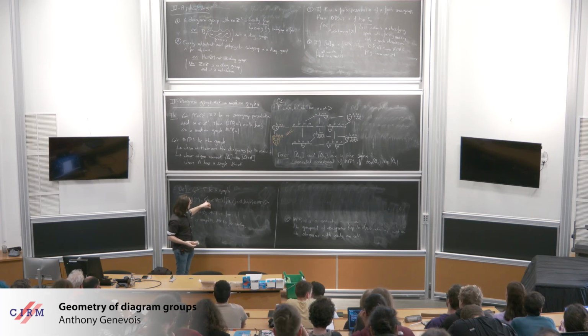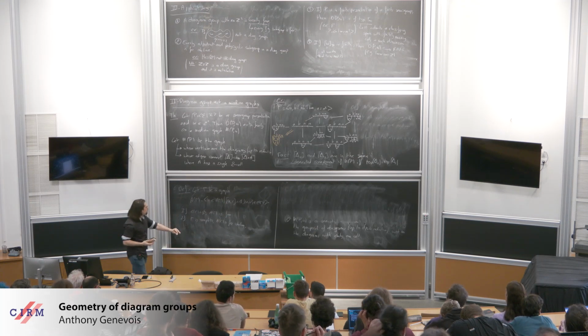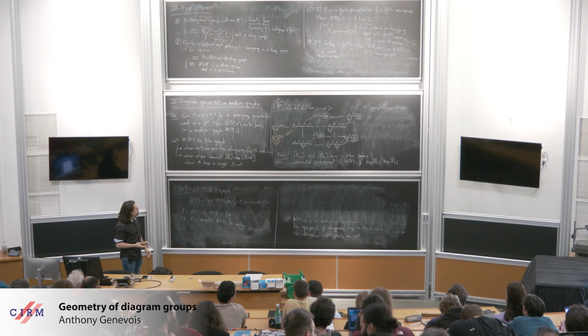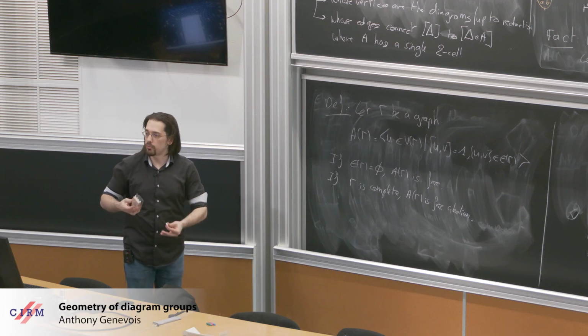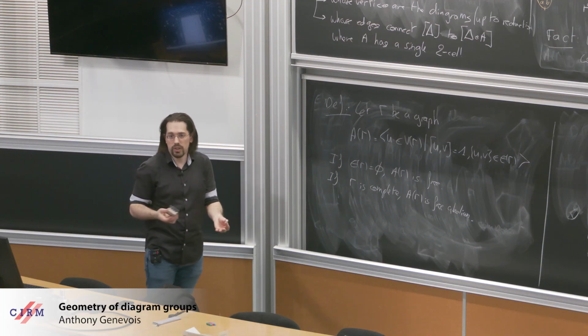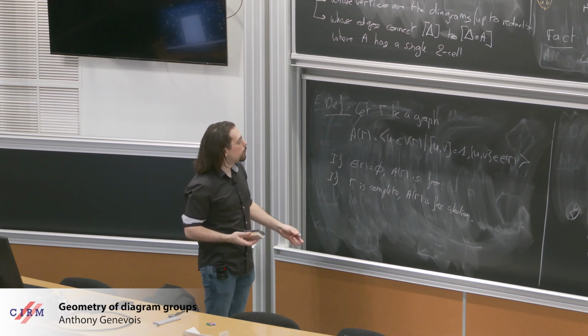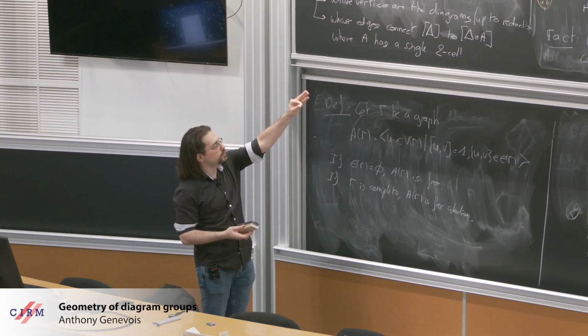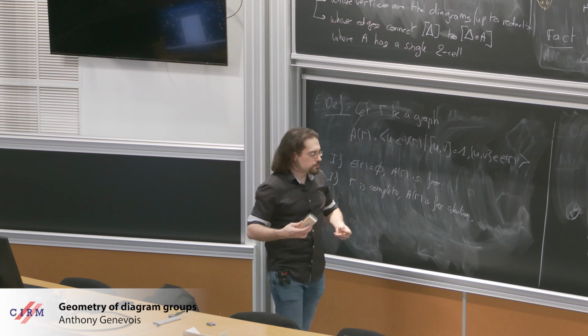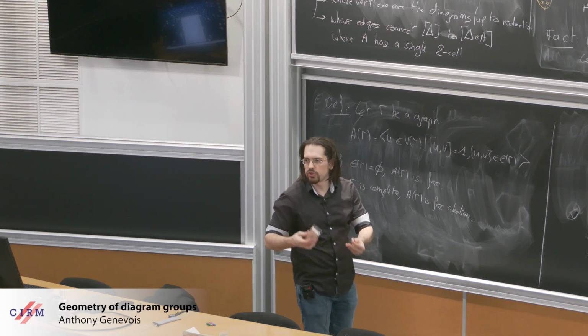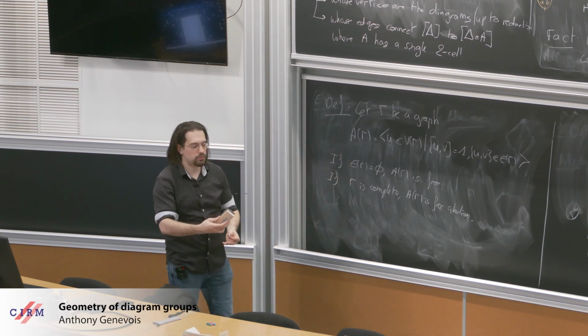Just add a relation, you put u squared equal 1. You always have a morphism. Of course, in general, this morphism is trivial. You cannot say anything in full generality. But under this assumption, you can use a specific property about the action to deduce that this morphism will be injective.